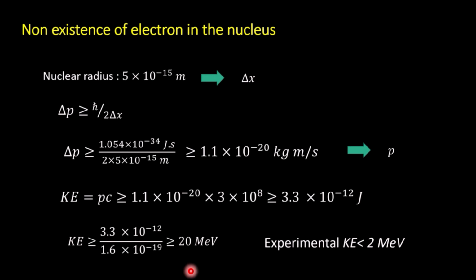If it was a nuclear particle, the experimentally observed kinetic energy would have been greater than 20 million electron volt. Since we are not observing that, it's a clear indication that electrons cannot exist inside the nucleus.